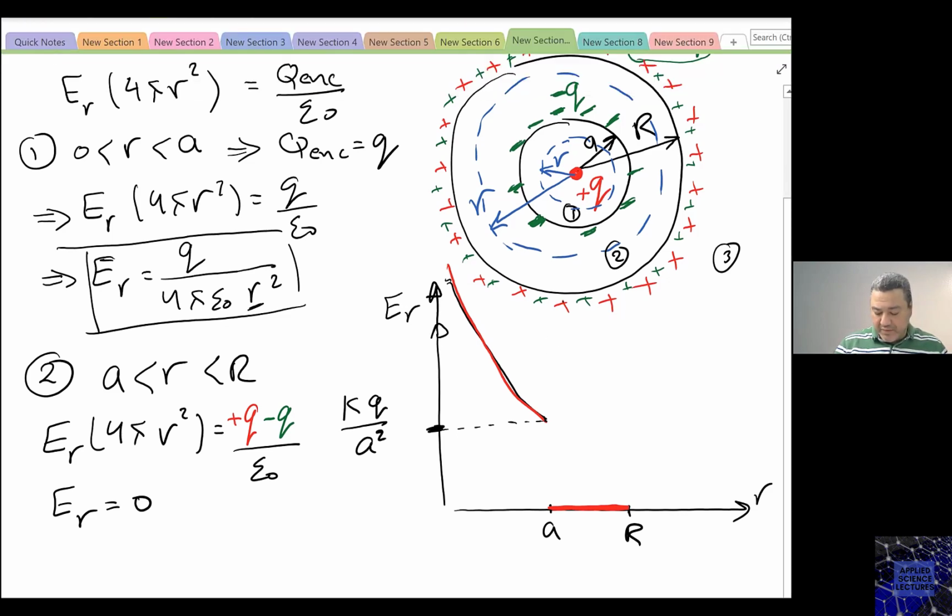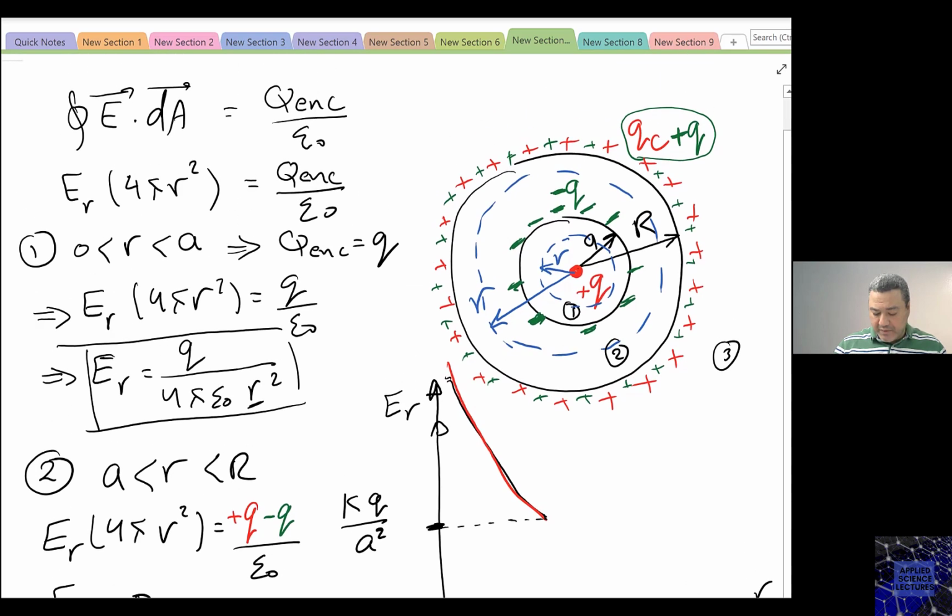Now we'll move to the third region. Basically I need to draw my Gaussian surface. It will be completely outside the spherical conductor, region number 3, and has a radius r.